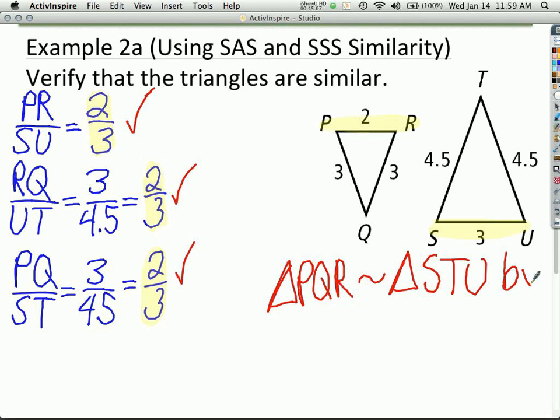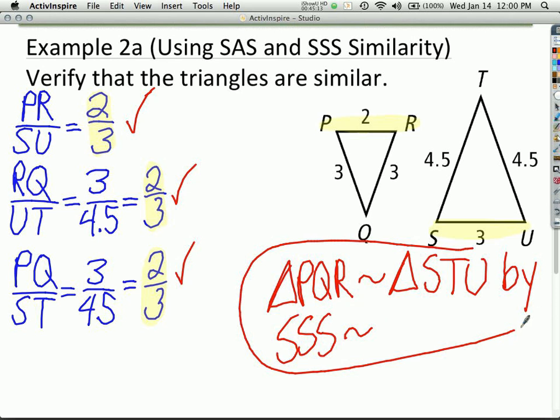And they're similar by the SSS similarity postulate, or similarity theorem. Gather your evidence, and then you can make the statement. Have to have all the evidence necessary. Otherwise, your case gets thrown out by the judge. Anyone have any comments or questions about that? Any concerns?